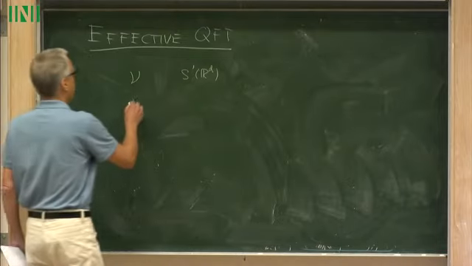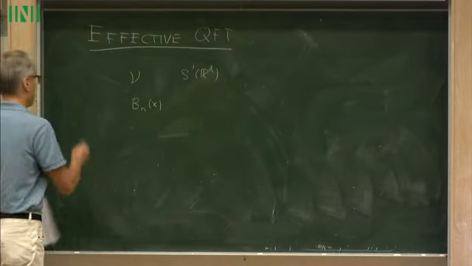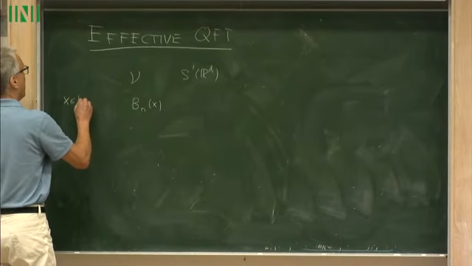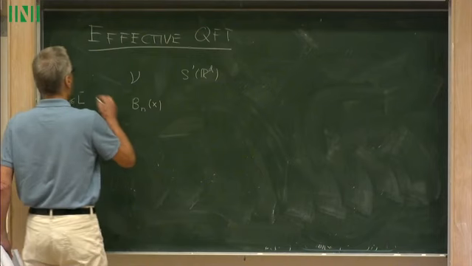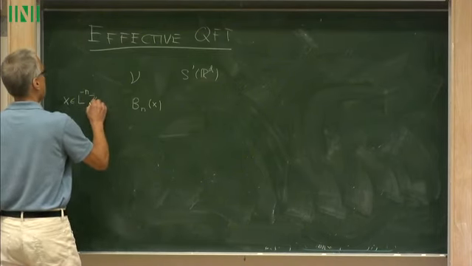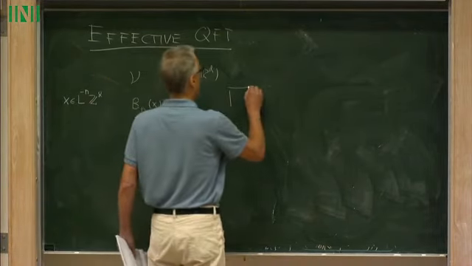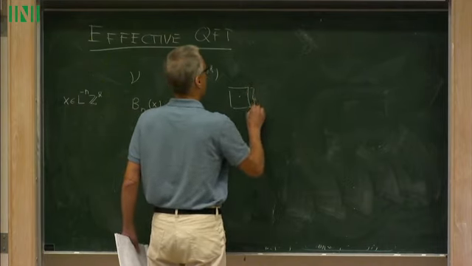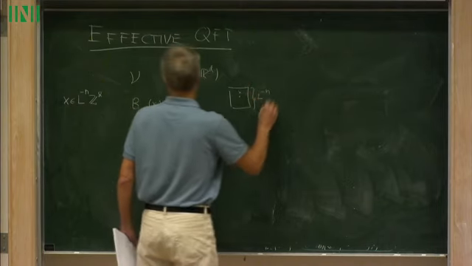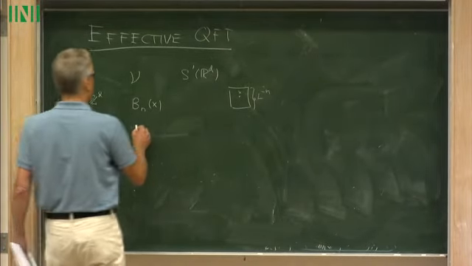Let me denote by b_n(x): if I take x on a fine lattice, so here, e to the minus n, or L to the minus n, z^d. So let's take a cube with center x and side L to the minus n. So that's b_n(x), and then there's coarse graining.